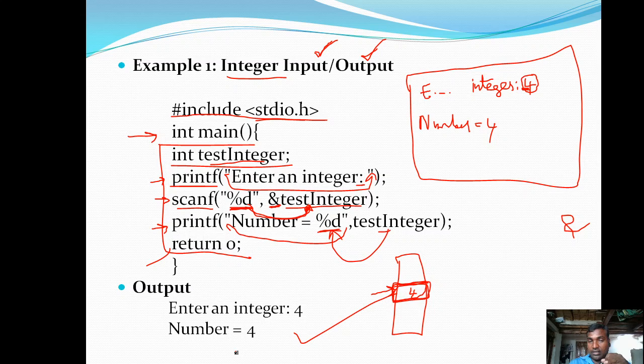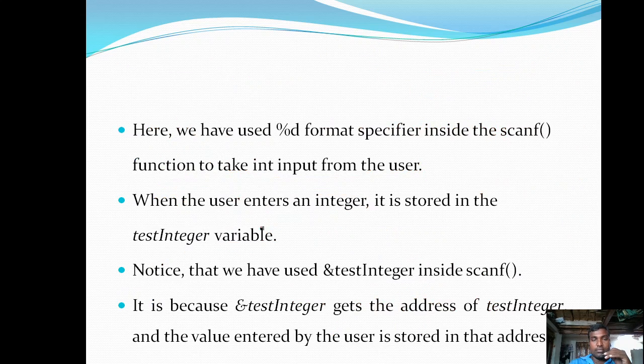Whatever we have discussed just now can be represented in the form of text here. We have to use a %d format specifier inside the scanf function to take an integer type input from the user. When the user enters an integer, it is stored in the test integer variable.